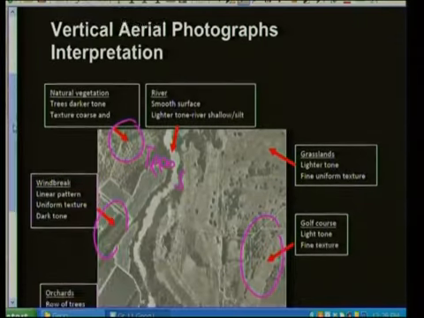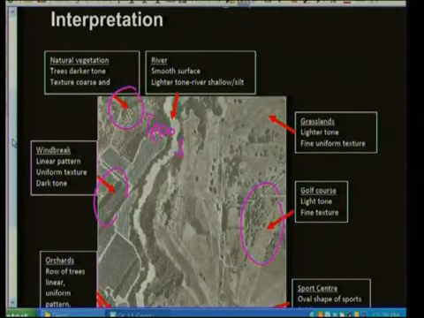When we look at texture, the trees will have a coarse texture, all right? And when we look at the golf course where the grass is cut, it'll have a fine texture itself. So the texture will change, and you'll be able to identify different features according to the texture.